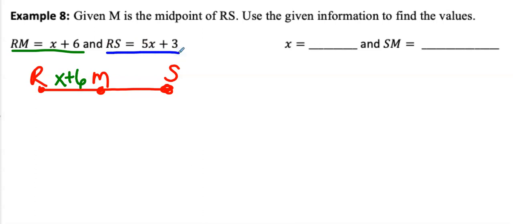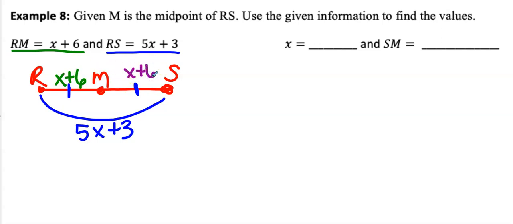RS, which is the total, is 5x plus 3. Okay? So you're going to say, I don't know this part. But if M is en el medio, I know this part is congruent, equal to this part. So I can repeat x plus 6 aquí porque they're the same. Son igual.